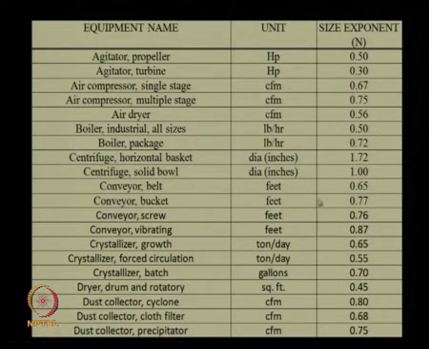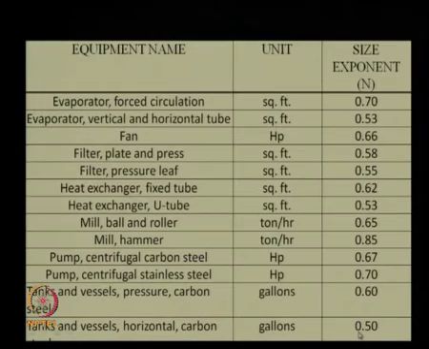centrifuge it is going much higher than 1.72 if it is a horizontal basket centrifuge. For conveyor belts you take values between 0.65 to 0.85, dryer you go down to 0.45, that is a drum type of dryer, dust collectors you have some values, evaporators you have some values like 0.7, filters 0.6, 0.5 and so on, pumps you have 0.6, tanks about 0.6, again vessels 0.5 and so on.